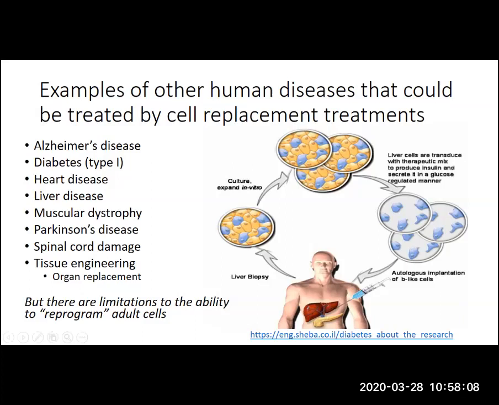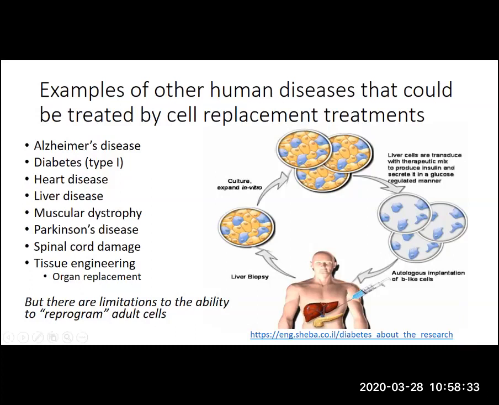Type 1 diabetes, where you've got a loss of the endocrine secreting cells within the pancreas that normally secrete insulin. If we've got stem cells that are pushed in the right direction, like the diagram is showing here, that can produce insulin, we can inject them into the patient and potentially cure type 1 diabetes.